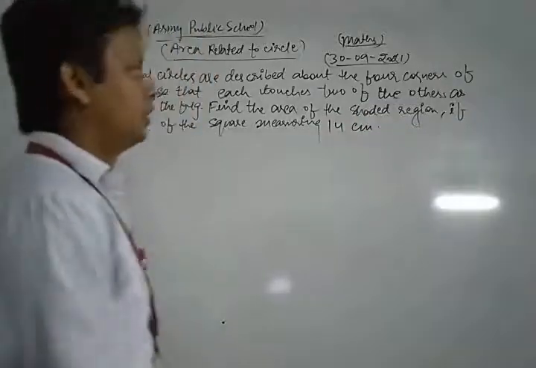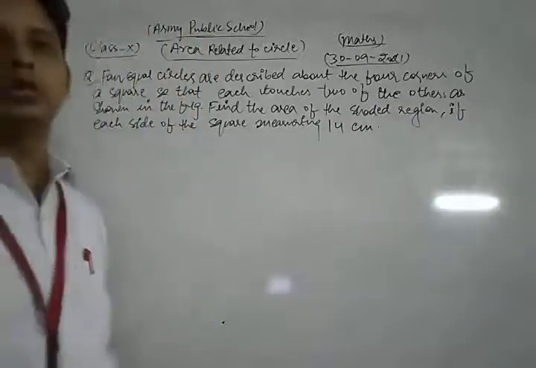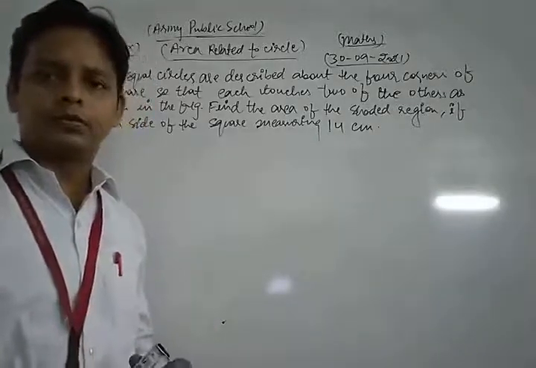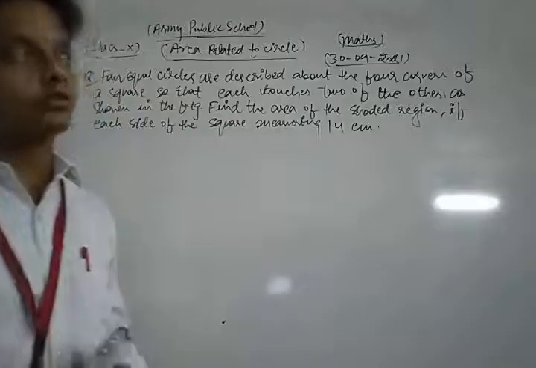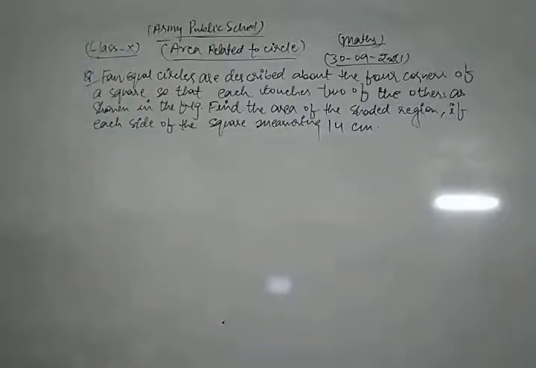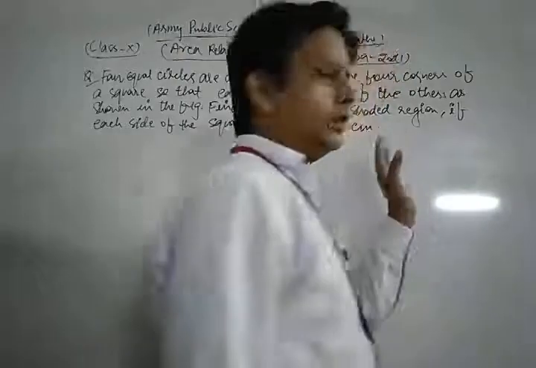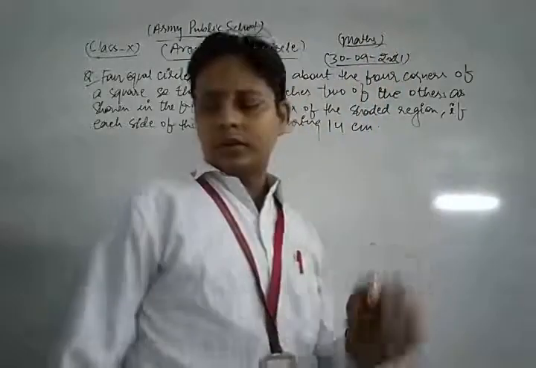Okay. So dear friend, this is one of the most important questions of your syllabus. So let's see what is the process, dear friend, to solve that type of question. Okay, now let's see.